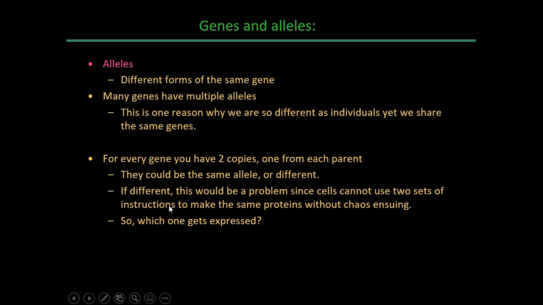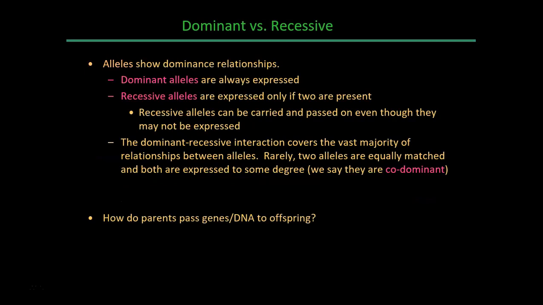When you have the two alleles, one from mom, one from dad, one is always turned off. Okay? The one that gets turned off, we refer to as a recessive allele. And the one that gets expressed, meaning, in genetics lingo, expressed means using a bit of DNA, or using an allele or a gene, for making a protein.